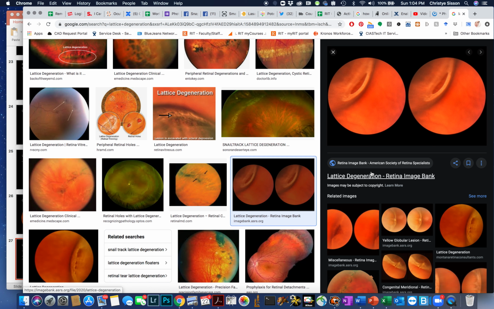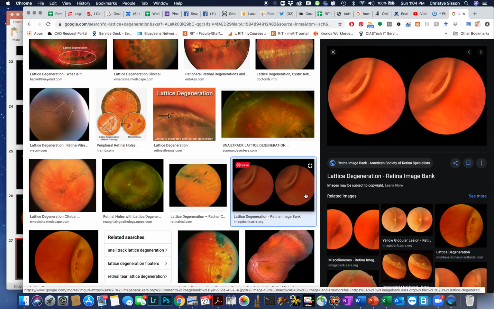But certainly looking at other examples is really helpful too, because things can sometimes look a little different. They can be atypical. They can be combined with other diseases and other signs and symptoms that muddy the waters and aren't as clean as our textbook examples are.